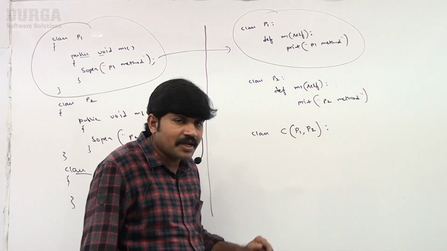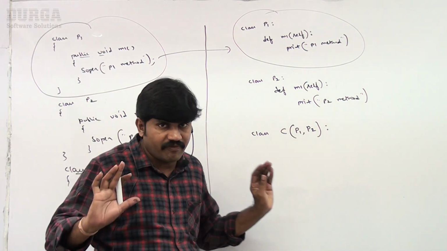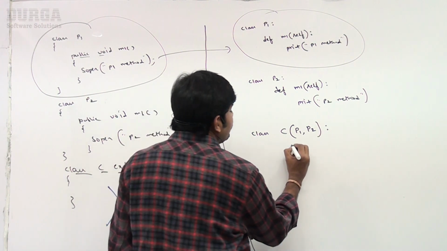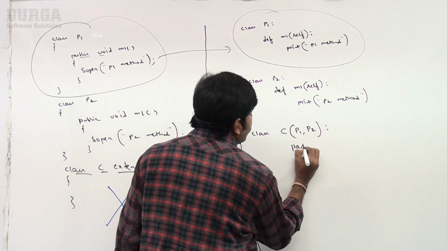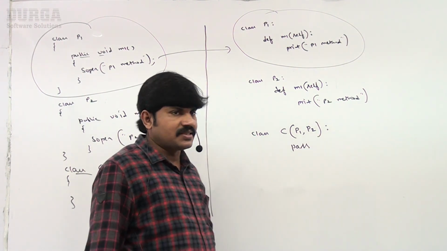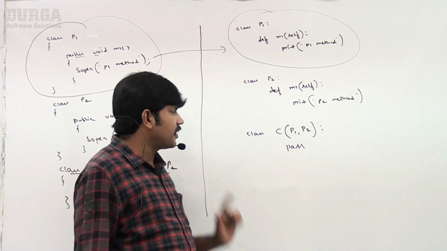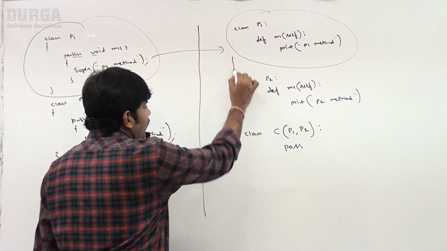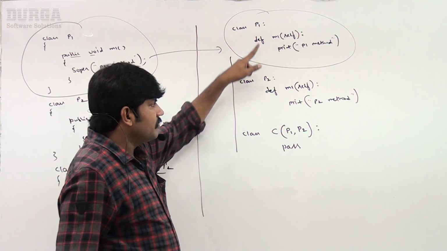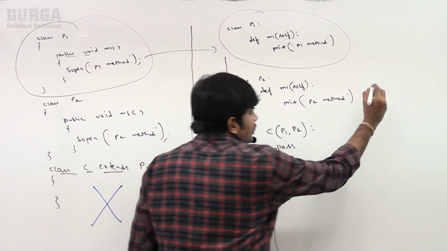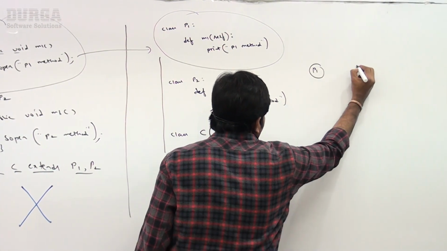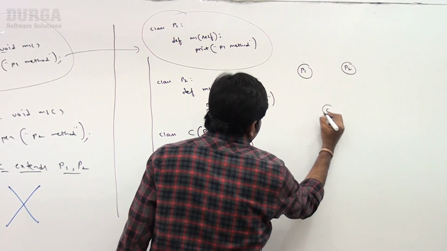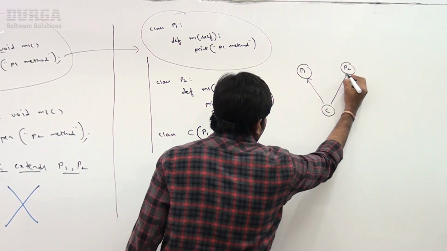P1. What is the second parent? P2. I don't want to take any code in the child class; it is empty, just curly braces open and close. That's all, three classes completed: P1, P2, and then C. P1 is the first parent, P2 next, and after that C.